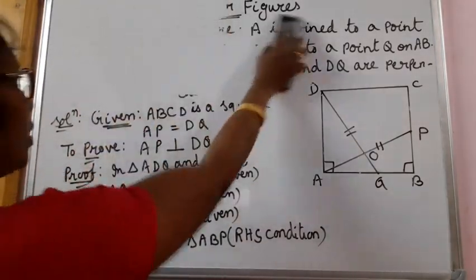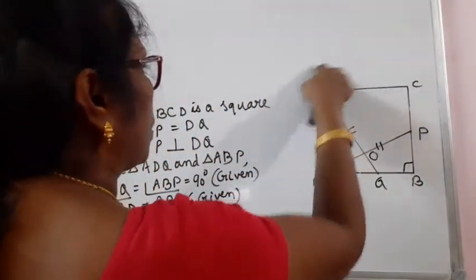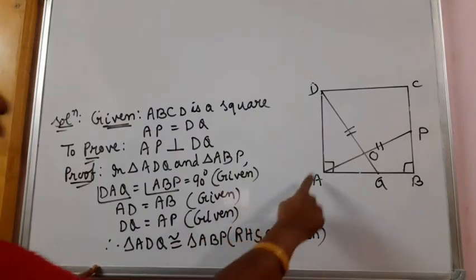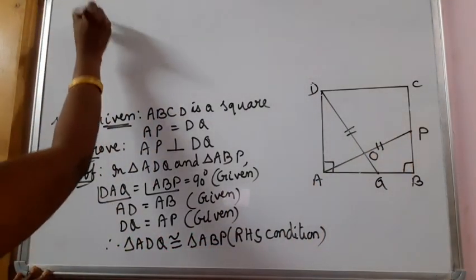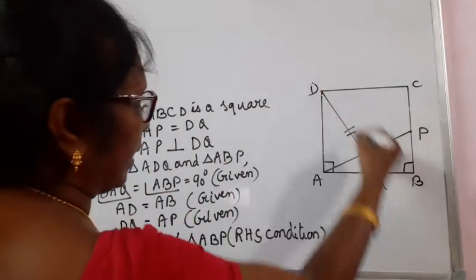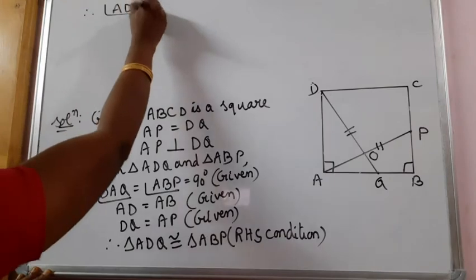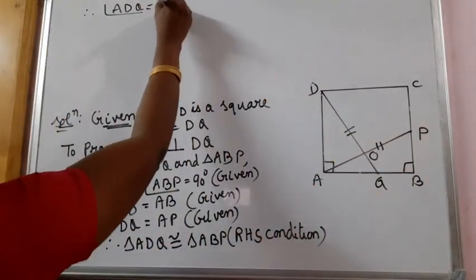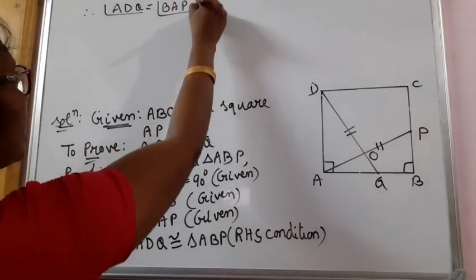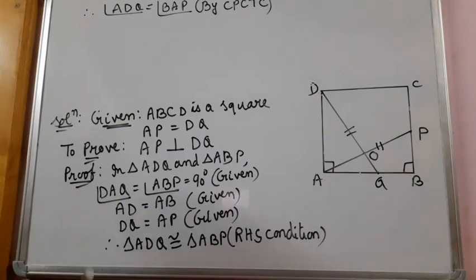So what to prove? Already written, AP and DQ are perpendicular to each other. We made triangle ADQ and triangle ABP congruent. Therefore, angle ADQ is equal to angle BAP by CPCTC. They are the corresponding angles of these two congruent triangles.